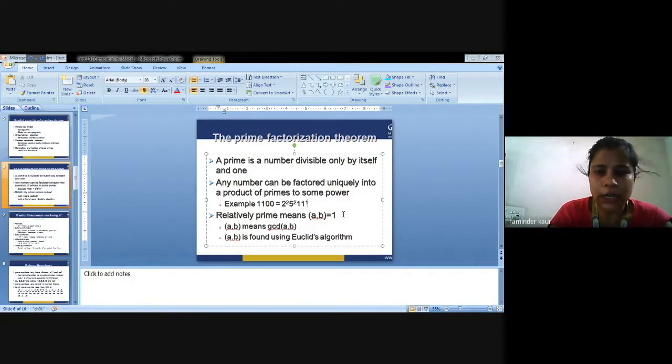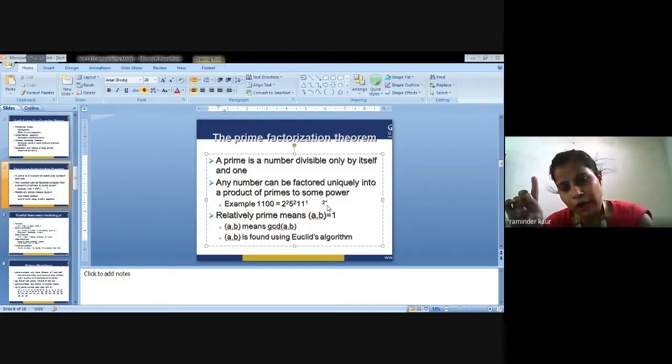So again I can generate 11 into 10, that is 110, and 110 into a further 10 gives 1100. So we start generating the numbers from the smallest divisor. 2 into, after using the 2, the value will be 5.